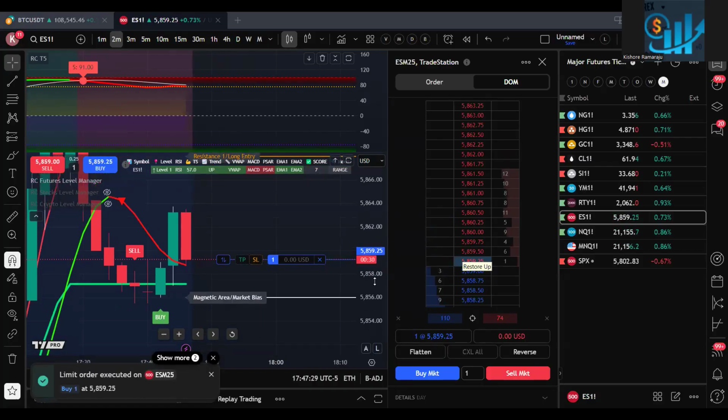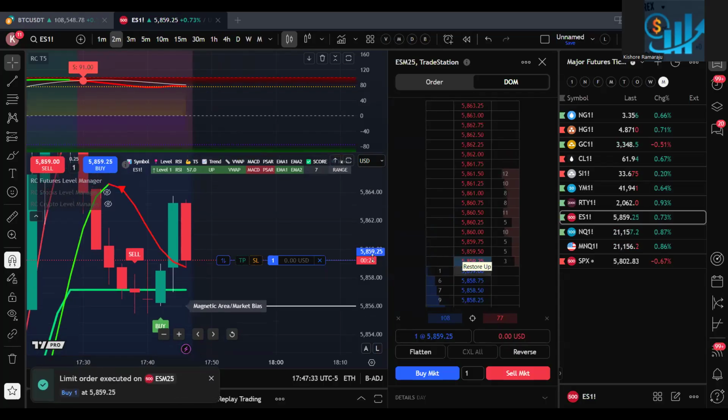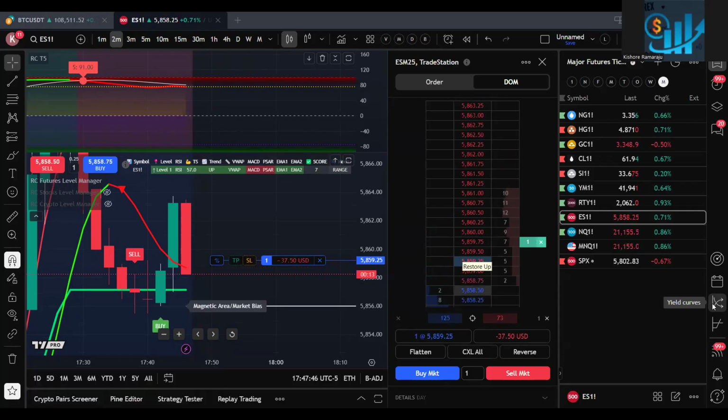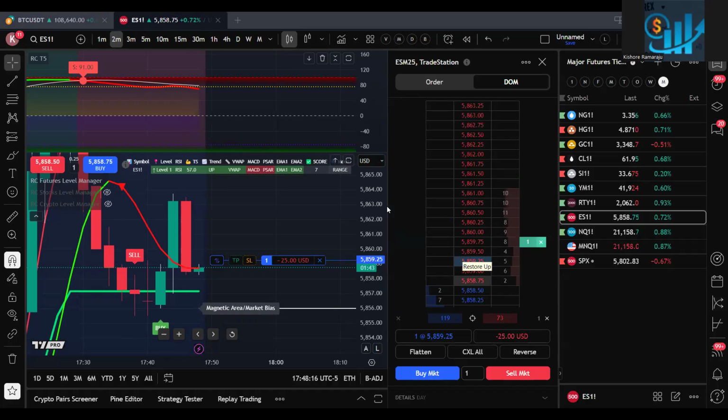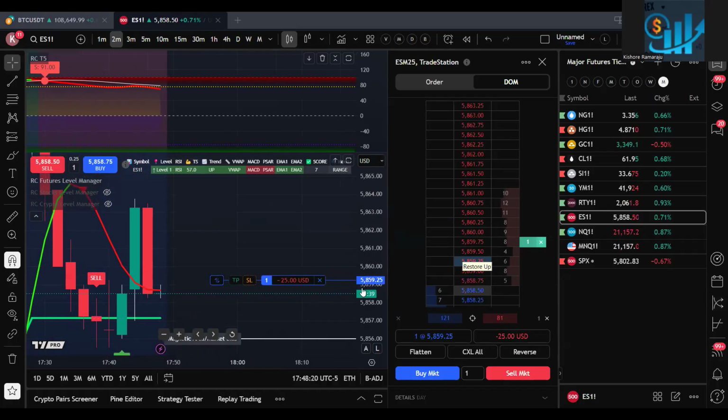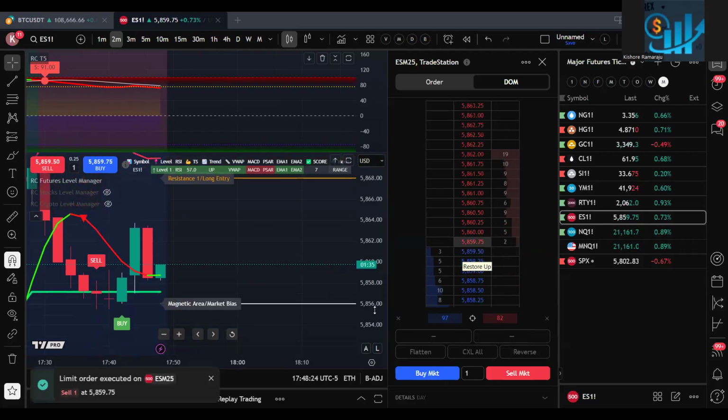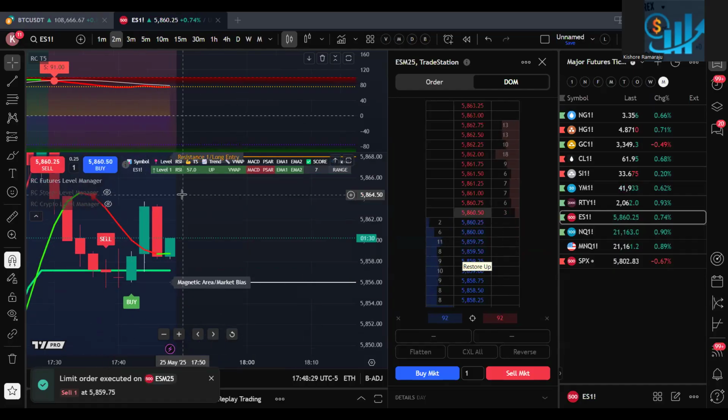You take long on ES one more time. It would have another $25 or $50 profit.